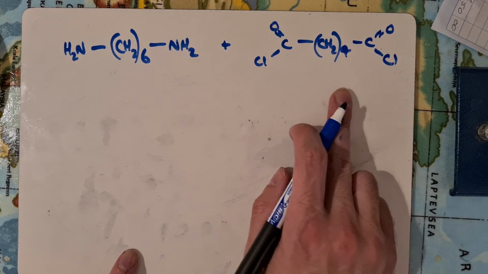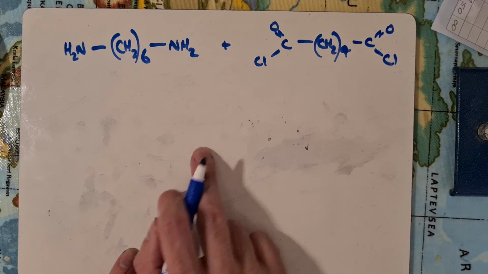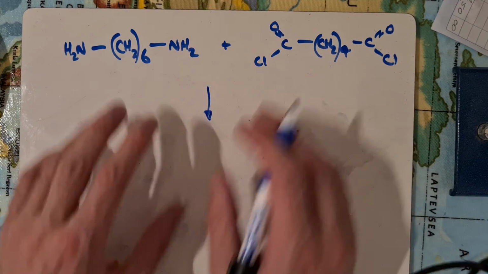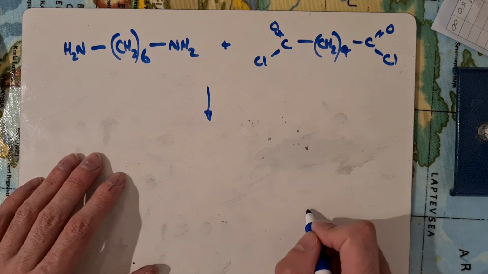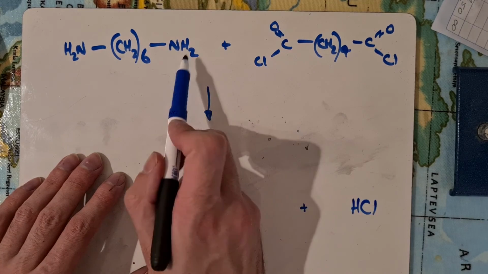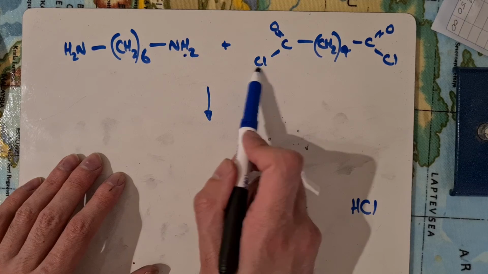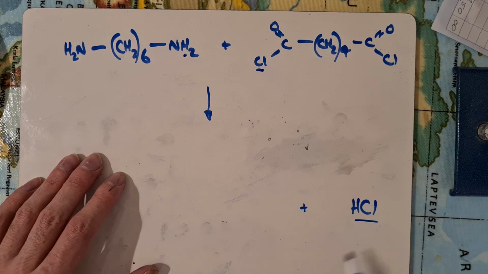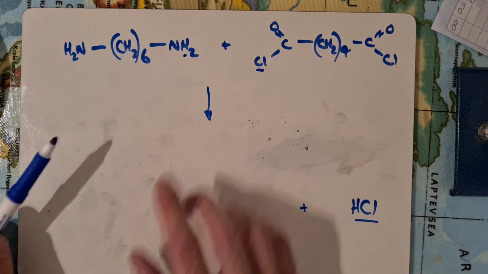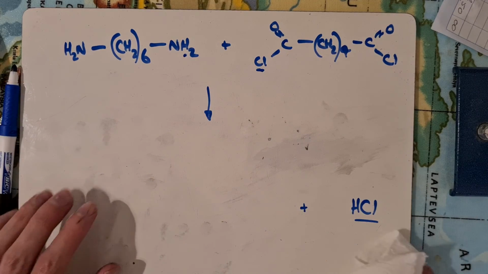So that's hexanedioyl chloride. This will come together and form an amide bond connecting them. This time, the side product: hydrogen will drop off here with the Cl from here, and you'll get HCl instead of H2O. So see if you can finish off that structure on page 13.